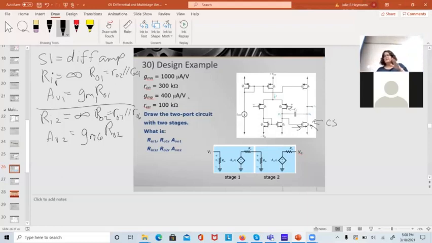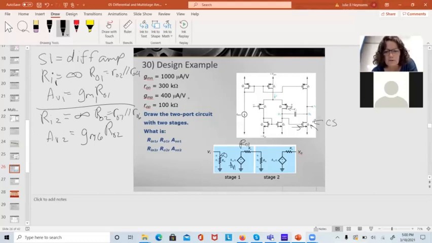So if we wanted to figure out how this works together as a two-stage amplifier, my RN on stage 1 was infinity. That's just an open circuit. My gain is whatever number I got for AV1 times that voltage there. My output resistance is RO1. We could get a number for that.